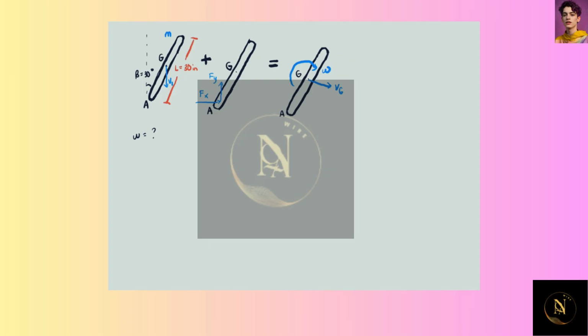Before we start solving the problem, let's first convert some of the given values and solve for some of the quantities that we'll be needing in the computation. The length of the rod is given, by the way, so it's 30 inches. For consistency, since it's in inches, we will convert it to feet.